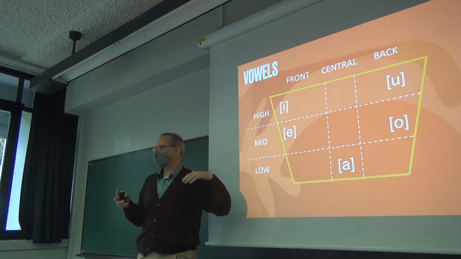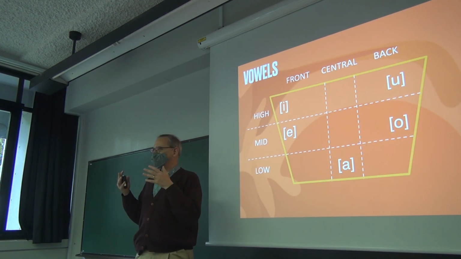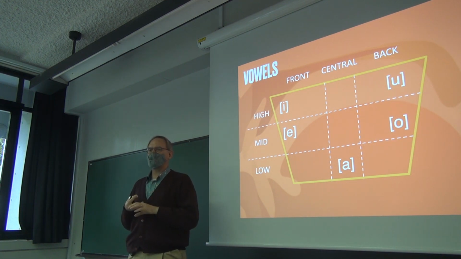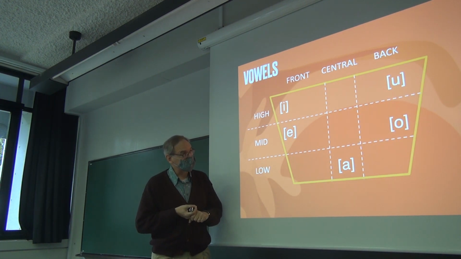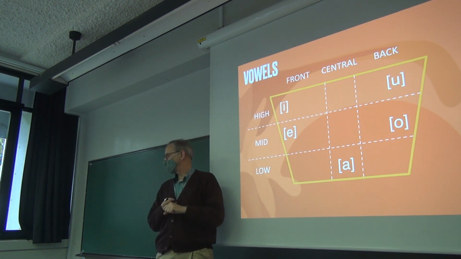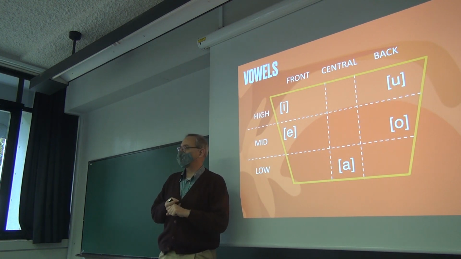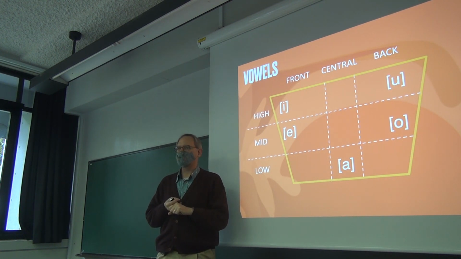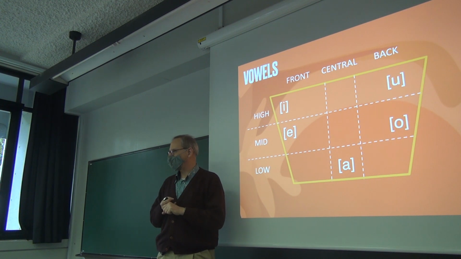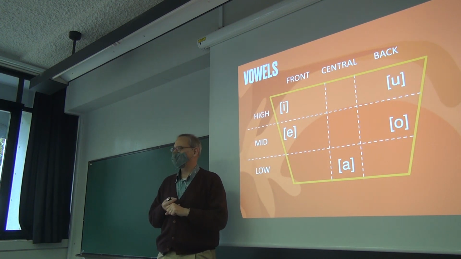And English has more than 7. But we're going to find the vowels of English by slightly changing the position of the tongue. The first important thing to remember is, regardless of what language you're speaking, you use the same mouth, the same tongue, the same lips.